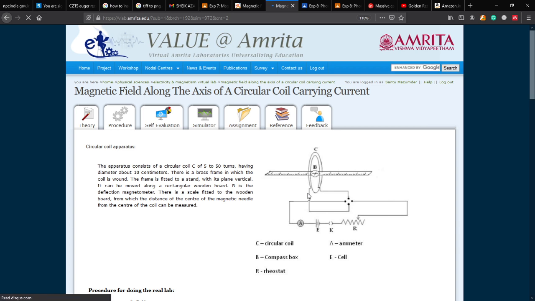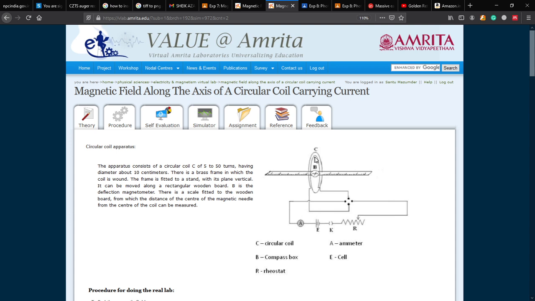In the procedure part, before describing how to do the experiment, let's see this picture figure. This is along the x-axis, this scale. This is the z-axis. The magnetic needle is kept here, and this is the coil of consideration, which has n number of turns.